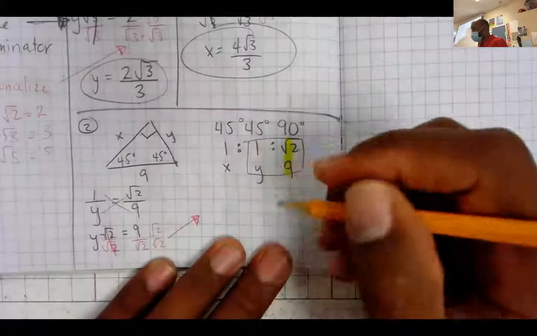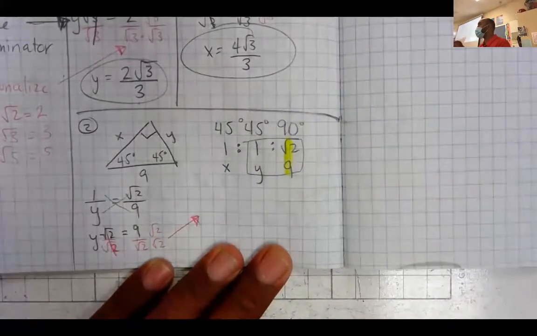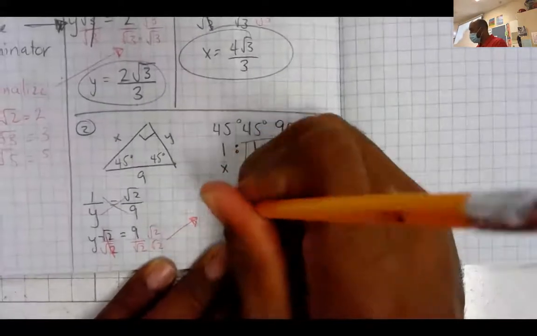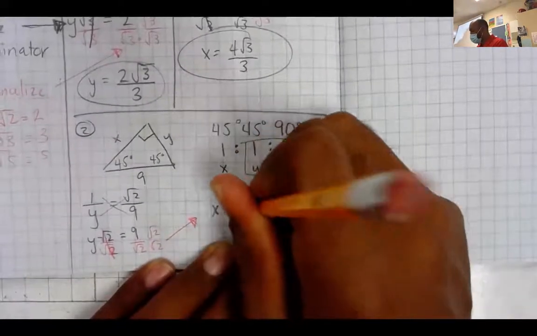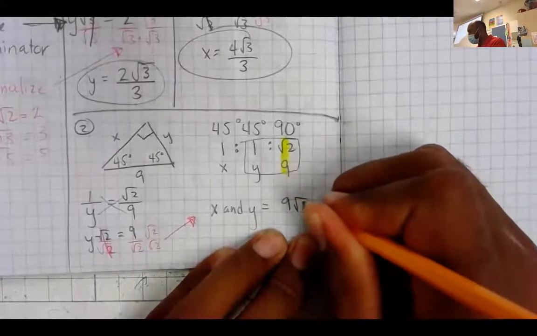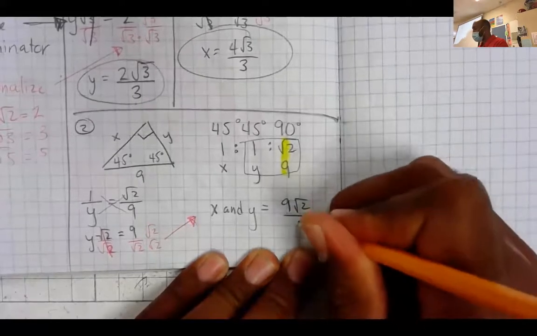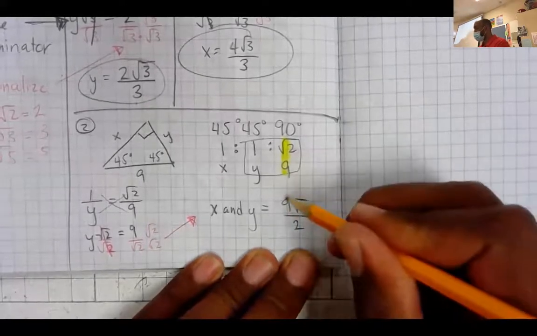And you end up with, now remember, once I get y, that's also equal to x. So what I'm going to do is just write x and y equals, first 9 times radical 2. That was the top part of it. And the bottom part is just 2.